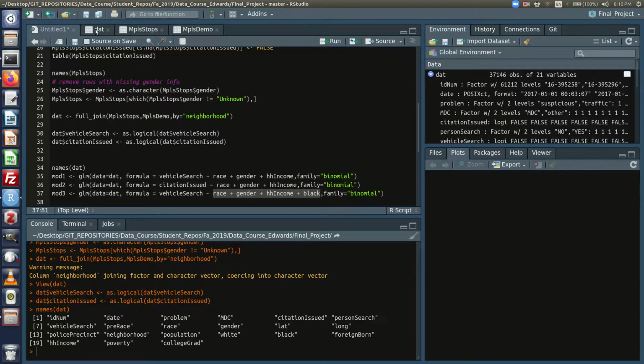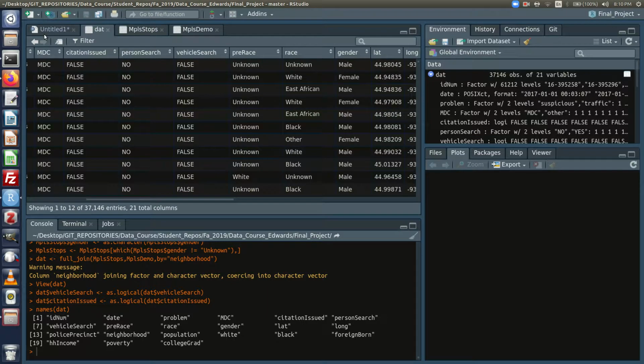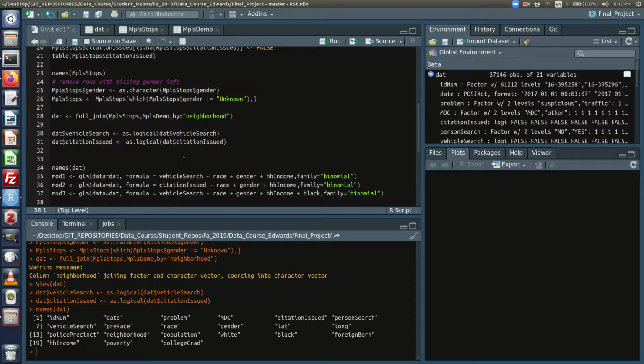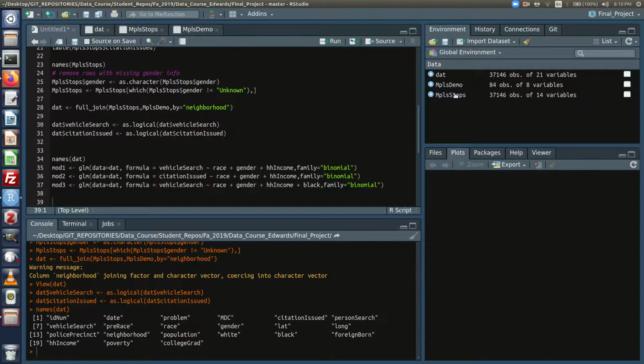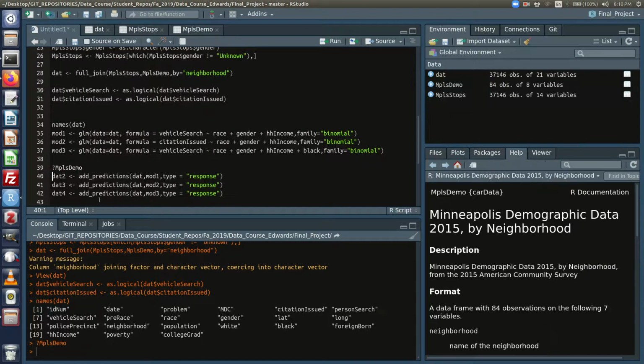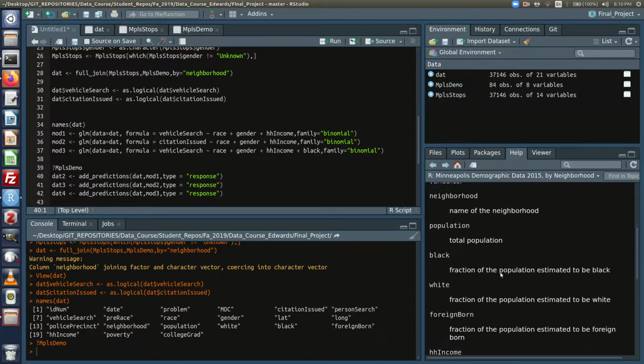What, pray tell, is black? Well, let's take a look. We've got our original data here, and remember all these built-in data sets, like MplsDemo, I can just do question mark MplsDemo. Okay.